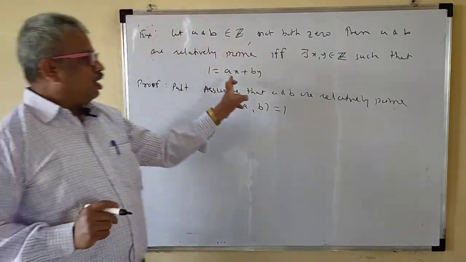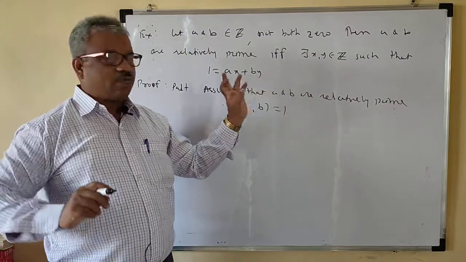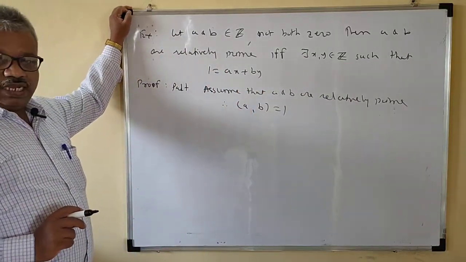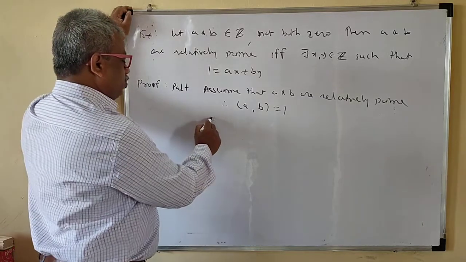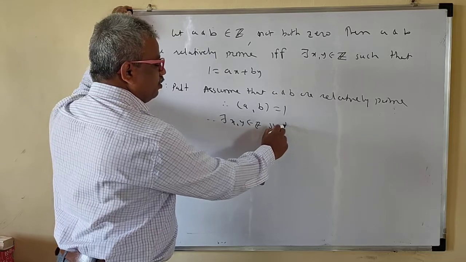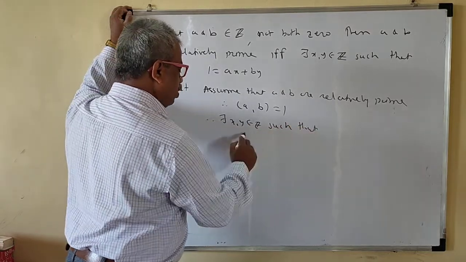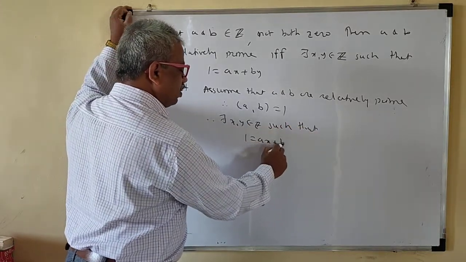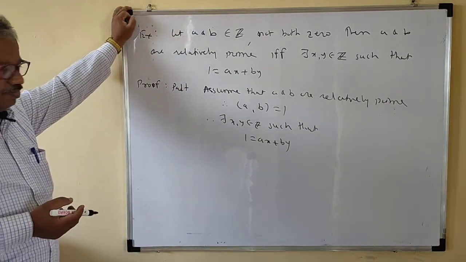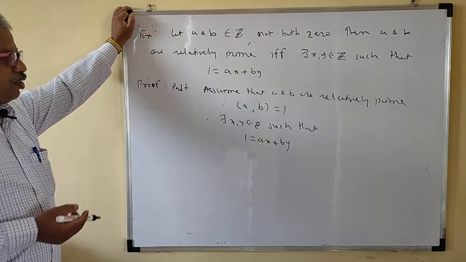What do I have to prove? There exist two integers x and y such that 1 is equal to AX plus BY. This is by the previous theorem. So the first part is over now.